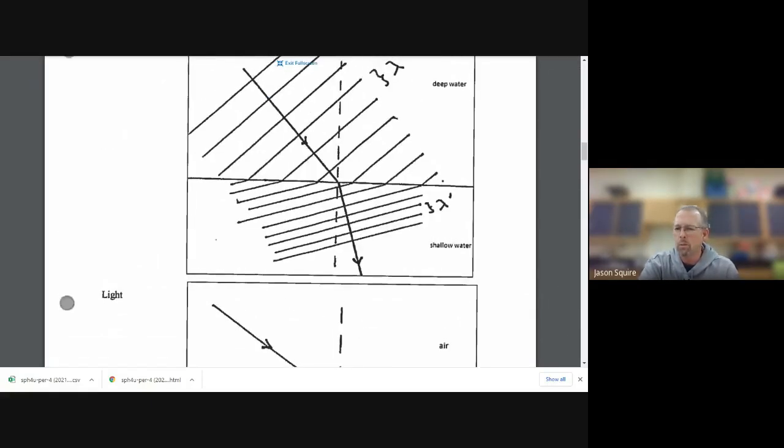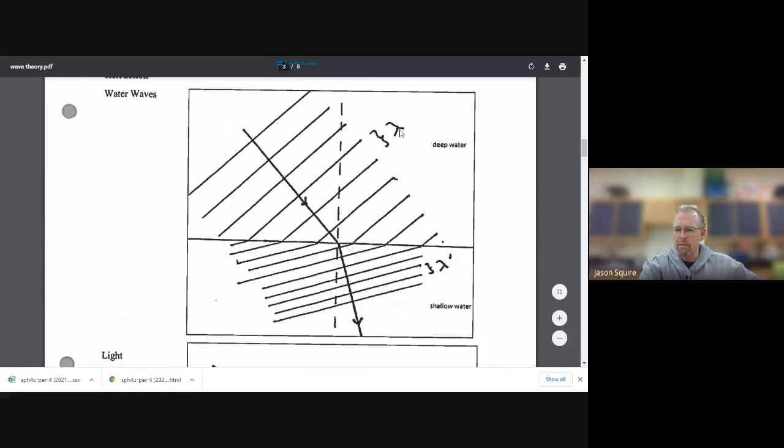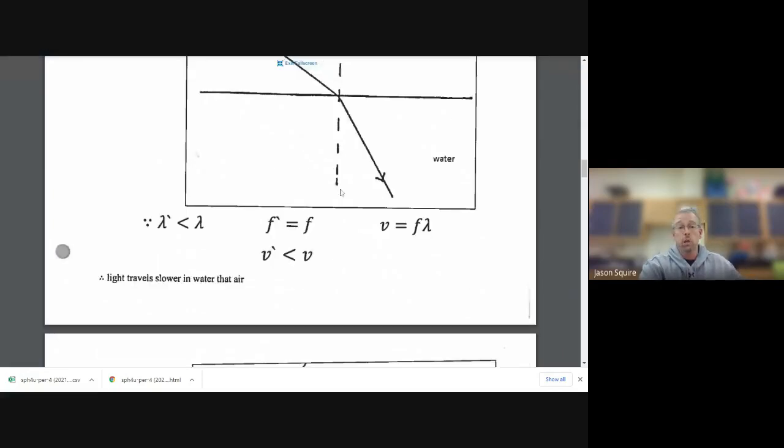Now remember, we used this symbol prime to show afterwards before. So the wavelength in the deep water is lambda. The wavelength in the shallow water is lambda prime. I can see just by the diagram that my shallow water wavelength is less than the deep water wavelength.